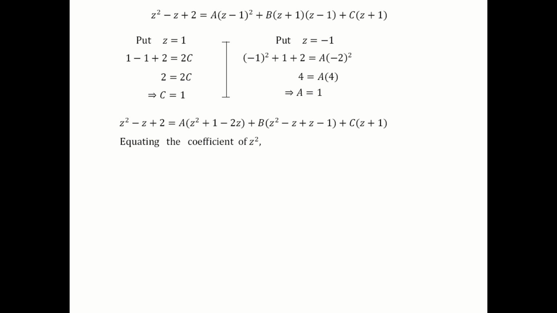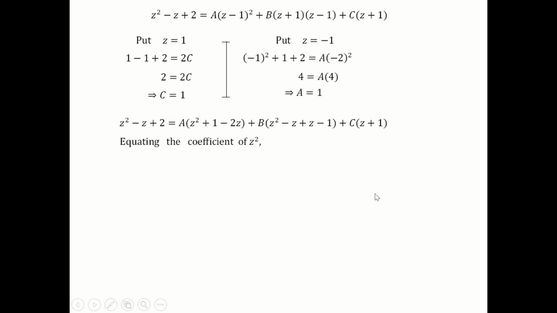You should know the different ways to solve the equations. Equating the coefficients: first A(z − 1)², so z² + 1 − 2z. Expanding B(z − 1)(z + 1), we get z² − 1. Then the last term C(z + 1).